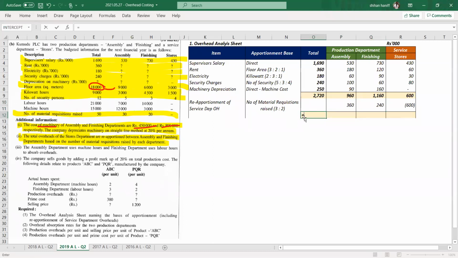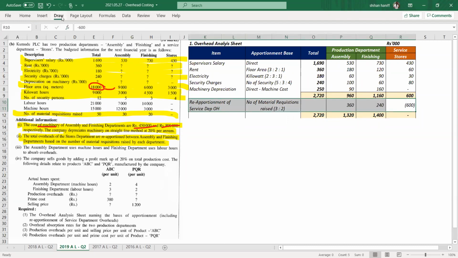And the final answer: $1,320 and $1,400. That's the final thing. Assembly department total overhead cost is 1,320,000. Finishing department 1,400,000. So there's a question to explain this reapportionment part again.